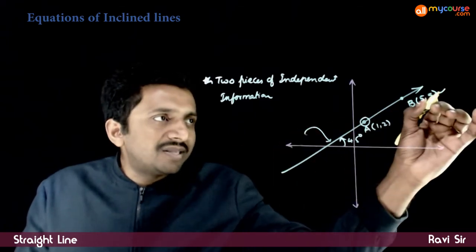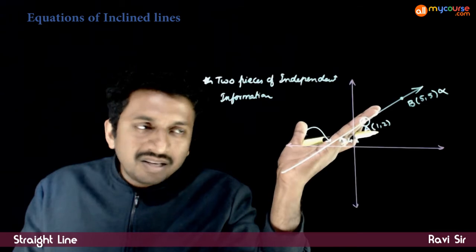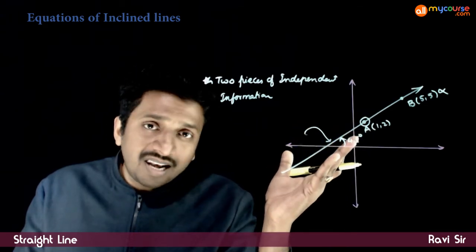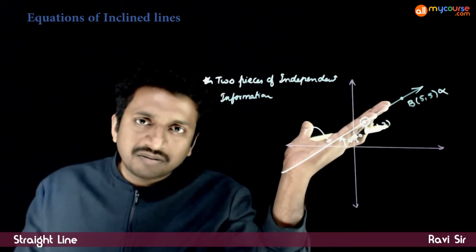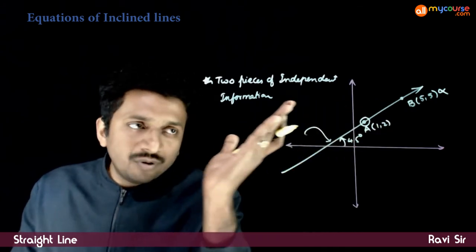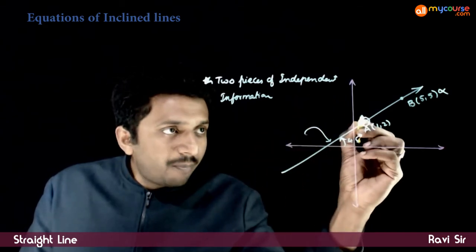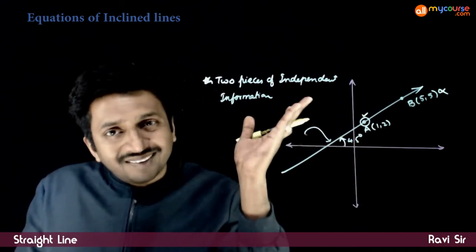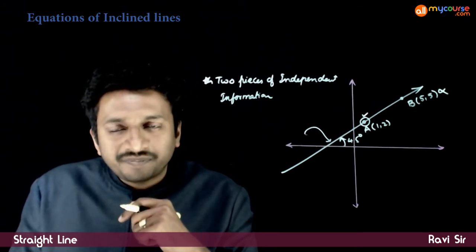I don't need the second point. By telling that the line makes an angle of 45 degrees with x-axis, I have specified the direction. That means now the line can move only parallelly, and at one instant, it will pass through the point (1, 2). That is the position of the line that I am talking about.